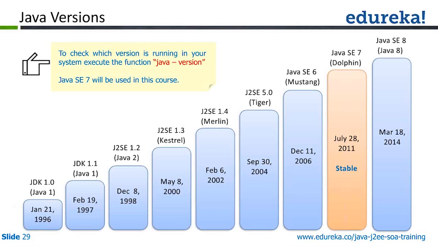Even in 6, you'll have 6.1, 6.2, and many releases like that. The latest release is 8, and it's still in beta phase, but it appears to be quite stable.